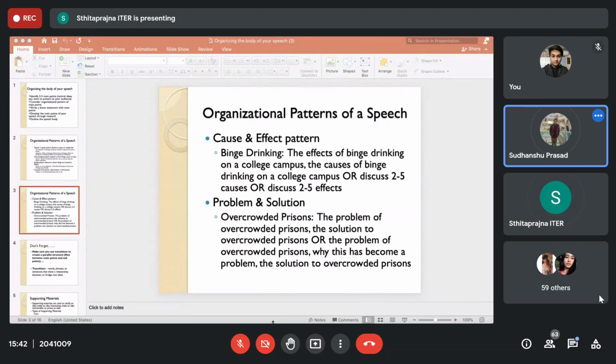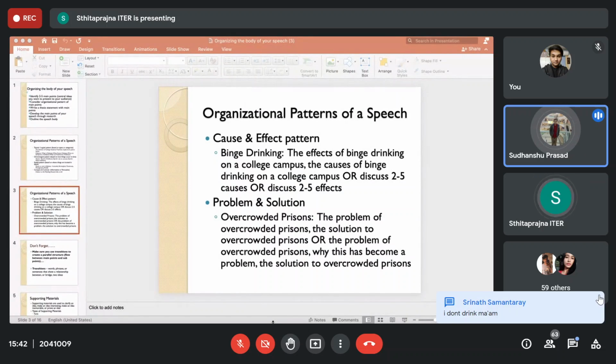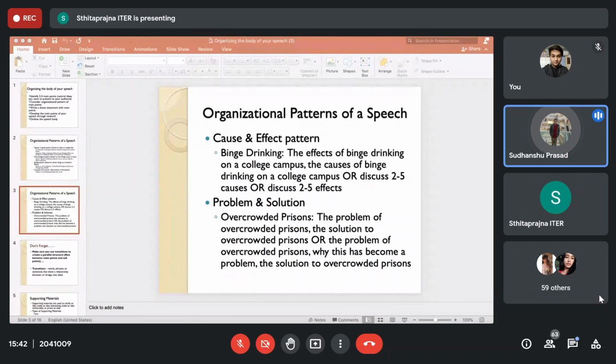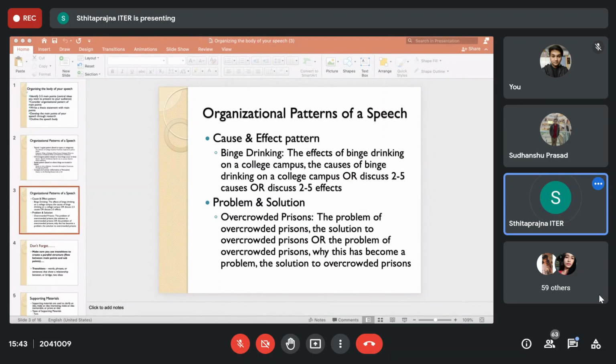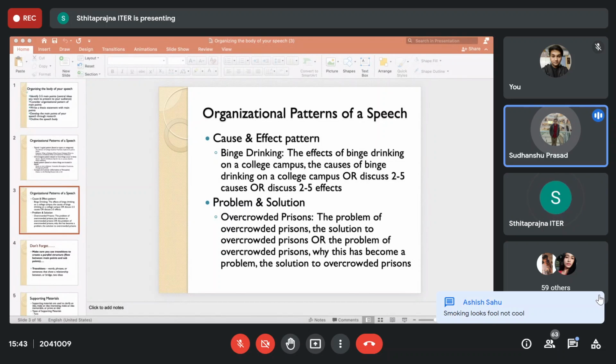What he used to do was light a cigarette, put it in his mouth, suck up the smoke, keep it in his mouth, and after a few seconds blow that smoke away. He never inhaled the smoke.